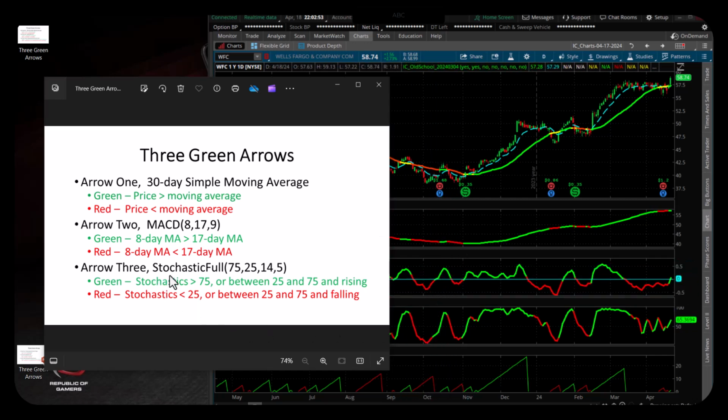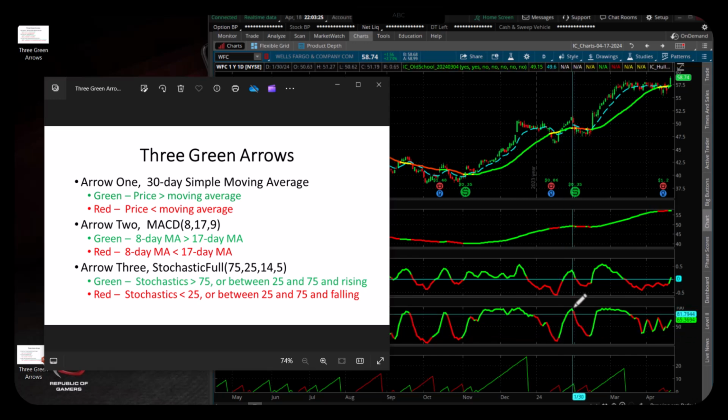The stochastic is an oscillator, so its value can only go from 0 to 100; it can't get outside of that range. If the stochastic is over 75, then it's green. Or if the stochastic is between 25 and 75 and it's rising, then it's green.